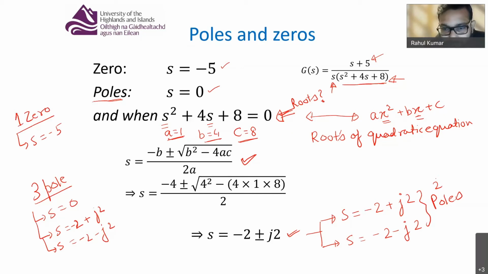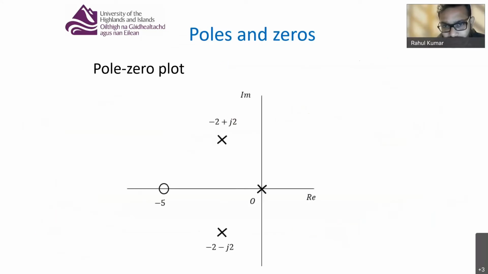Okay, so just keep these values in our mind for the time being, or let me write it down in the next slide, because I am going to plot these values. Okay, so the zero is at minus 5, the pole is at 0. Okay, I'll write it down.